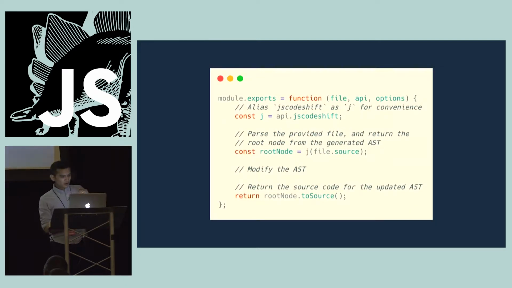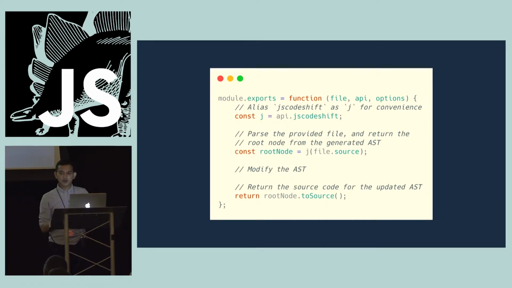So if we take a look at the basic setup for our function, we usually have the JS CodeShift library itself, aliased as J. It's a very convenient variable. It's a lot easier than typing everything out. And then we can use JS CodeShift with that J alias to actually parse our source code of the provided file. JS CodeShift will handle passing in each file one after another.